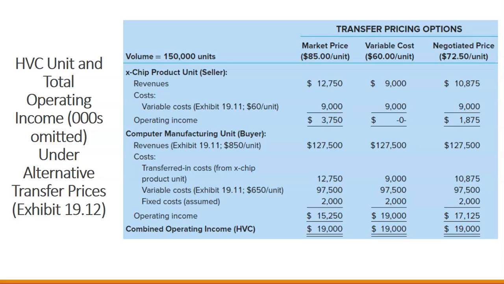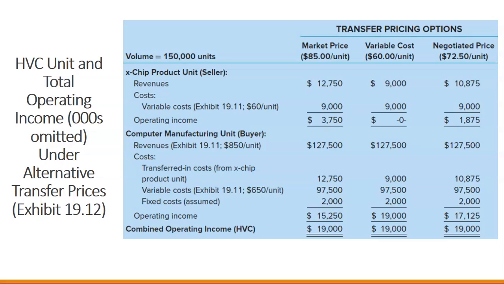So this is an example of different transfer pricing options for this computer company. So we have $85 a unit, which is the market price, or $60 a unit at the variable cost, or $72.50 per unit that is a negotiated price.